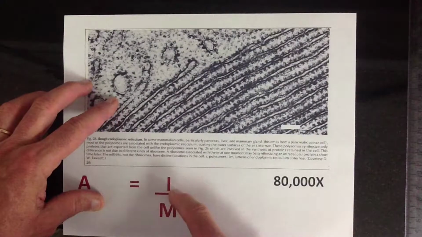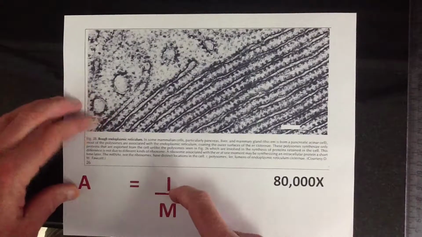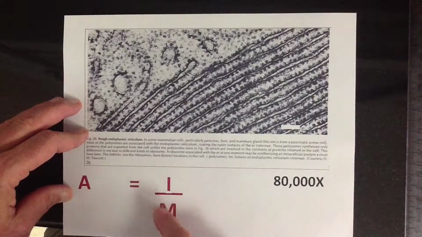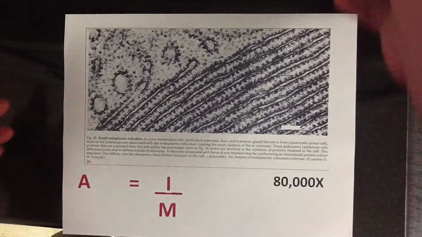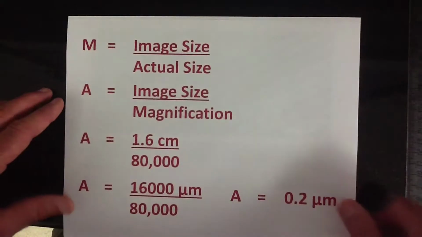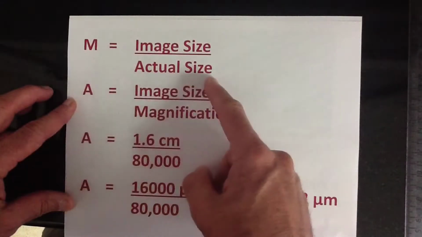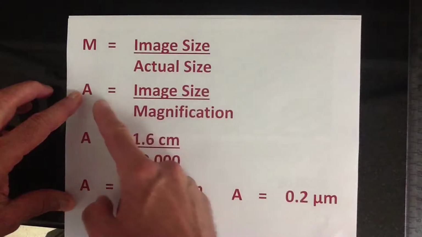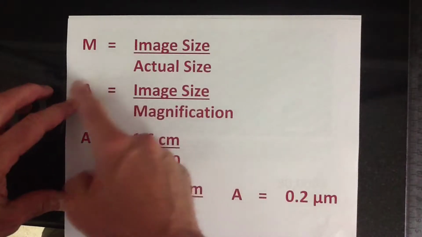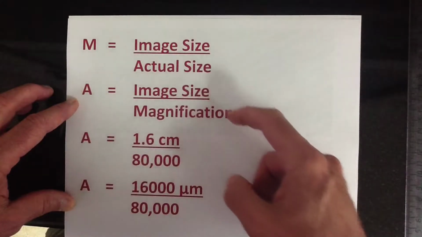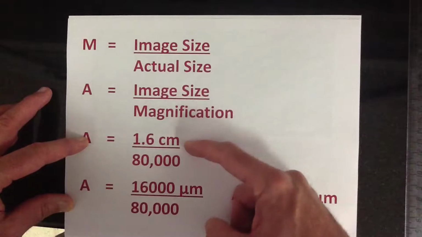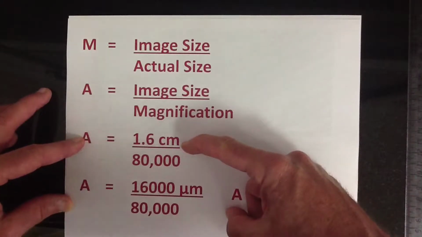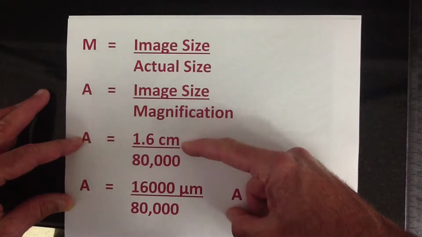So my numerator here for image size is 1.6 cm. My denominator is 80,000. Let's take a look at the mathematics of this. Again, you can see here's the original formula, MIA. Simple algebraic rearrangement gives me actual size equaling image size over magnification. I have plugged in 1.6 cm as the diameter of the vesicle.